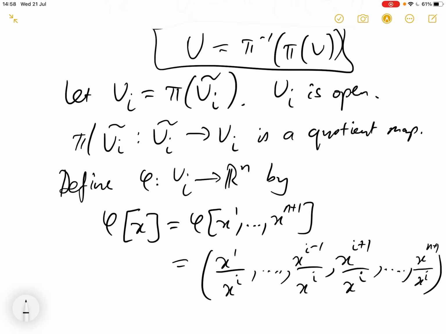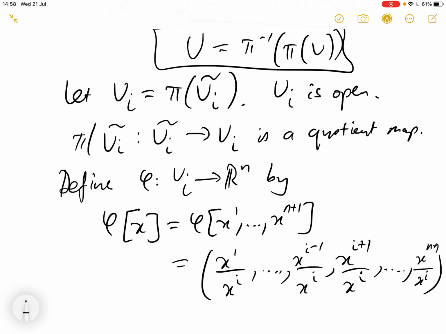The image of this is in R^n, because it only has n components, and this definition is okay because x_i is always non-zero on U_i.